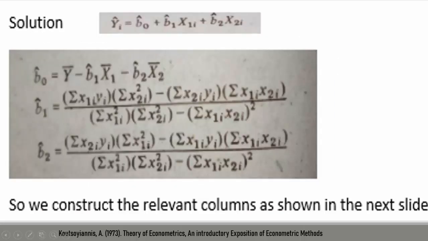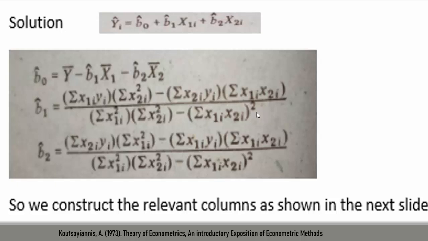This means that when we fit the multiple regression, the estimated form of this line is y hat is equal to b0 hat plus b1 hat x1i plus b2 hat x2i. So students, for the estimation of b0, we will use this formula: y bar minus b1 hat x1 bar minus b2 hat x2 bar. Similarly, to estimate b1 hat, we will use the formula summation x1y into summation x2 square minus summation x2y into summation x1x2, divided by summation x1 square into summation x2 square minus summation x1x2 whole square.